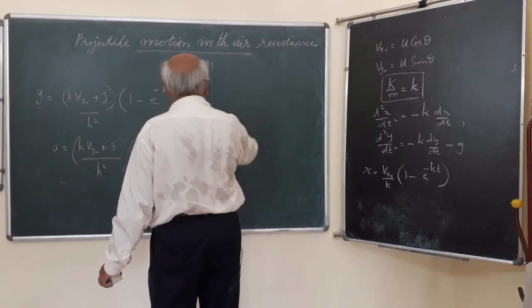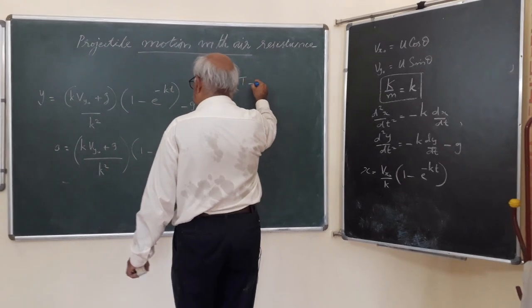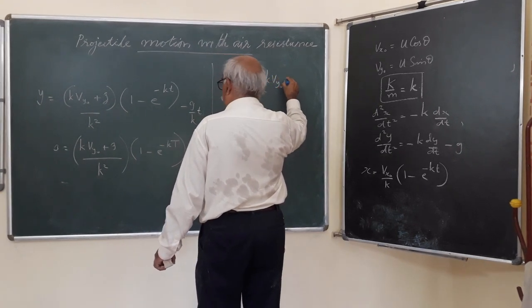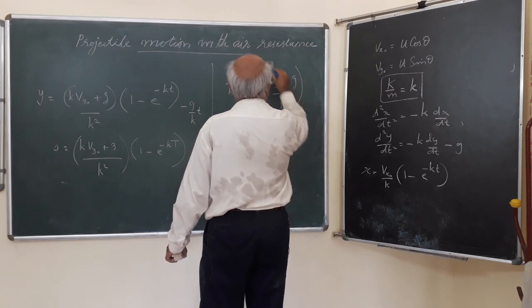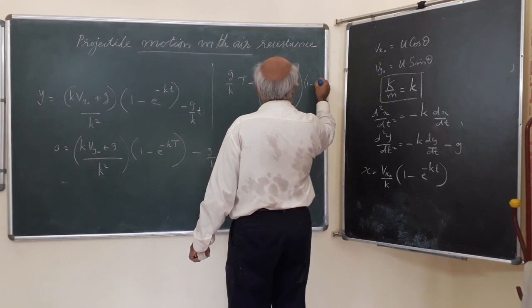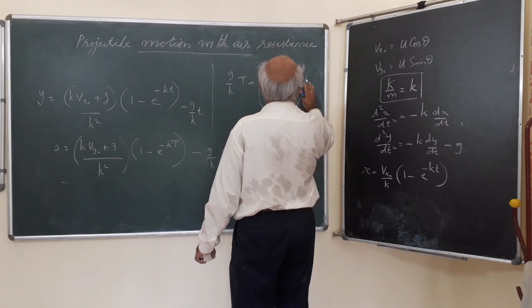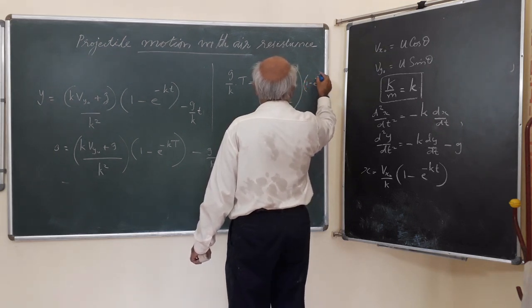This is taken to the left hand side. g by k times capital T is equal to (k Vy0 plus g) divided by k square into (1 minus e raised to minus kt).